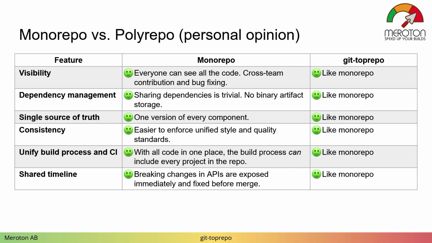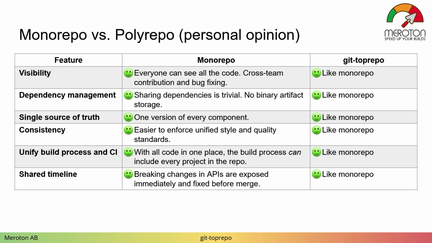Okay, dependency management: sharing dependencies is trivial. No binary artifact storage or anything in between, so you just build everything from source. One version of everything, and easier to enforce unified style and quality standards. I have the formatter script in one place and everyone uses it because everyone checks it out.